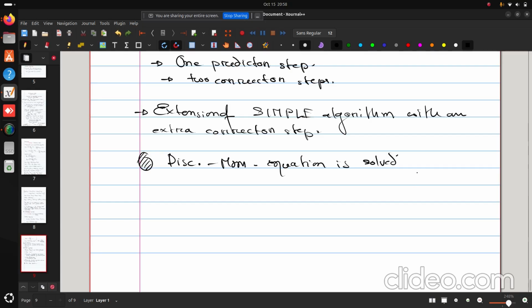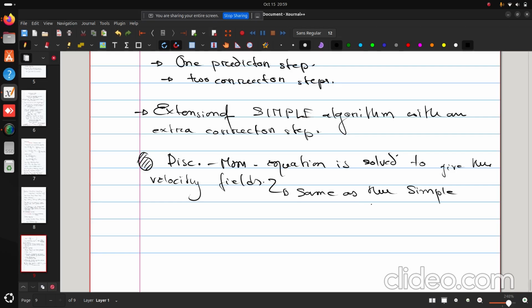The discretized momentum equation is solved. This part is the same as the SIMPLE algorithm.